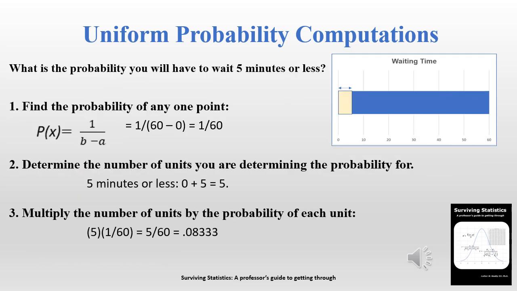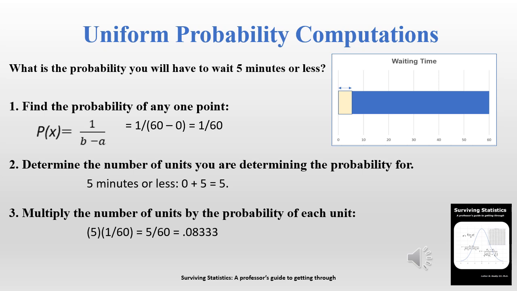The next question we're going to answer is, what is the probability that we're going to have to wait 5 minutes or less? If you look at the rectangle on the screen, you can see that we're only considering a certain portion between 0 minutes and 5 minutes. The first thing we have to do is define the probability of any one point, which is 1 divided by b minus a. Again, b was 60 and a is 0. So the probability of any one point is 1/60th.